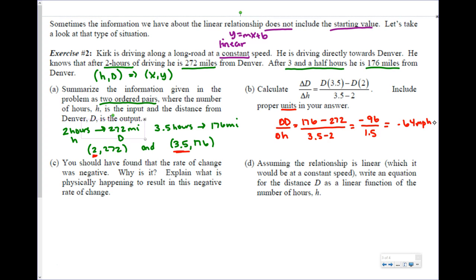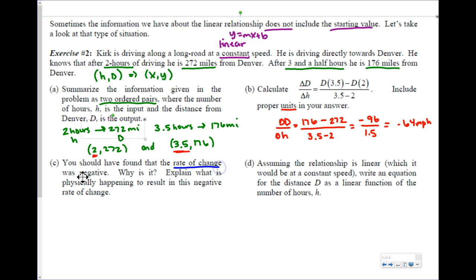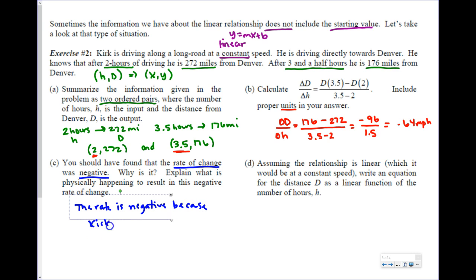Now letter C says you should have found out that the rate of change is negative. Why is it? Explain what's physically happening to result in this negative rate of change. Well, think about what Kirk is doing. He is driving directly towards Denver, and d stands for the distance from Denver. So the rate's negative because Kirk's distance is decreasing as he gets closer to Denver.